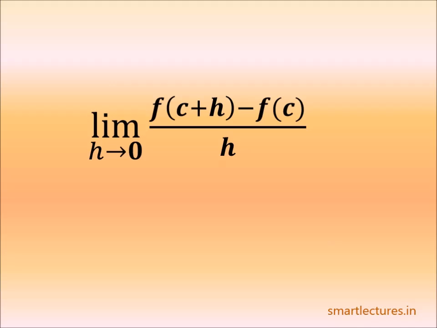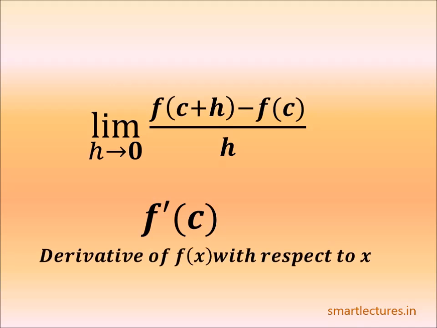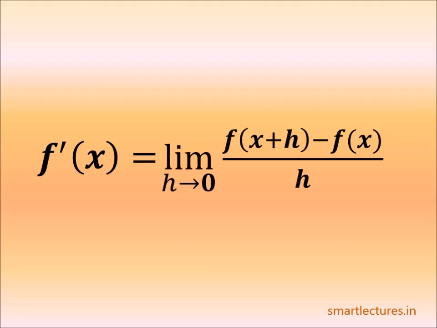Also remember, the derivative of f at the point c is denoted by f dash c, and it is also called the derivative of f with respect to x. f dash x is equal to the limit as h approaches 0 of f of x plus h minus f of x upon h, under the condition that the limit exists.